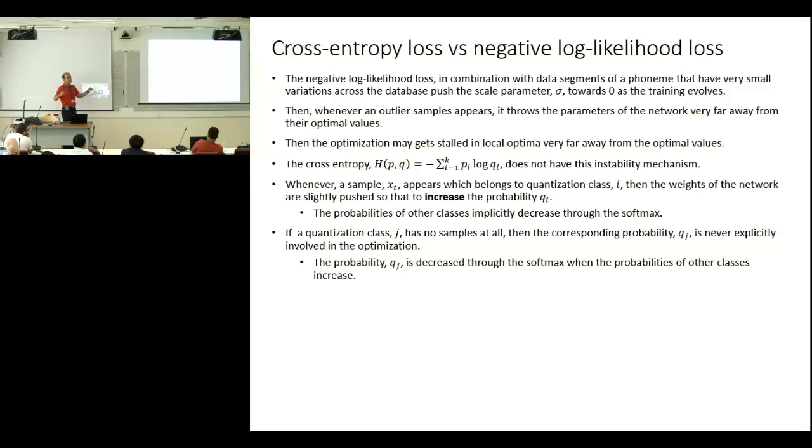If you increase one, the others have to decrease a little bit. But this is not unstable, because everything is increased a little bit, and the others are reduced in a way that does not produce this instability mechanism. That's why using the softmax cross entropy loss as an output, we usually do not have type 1 artifacts.